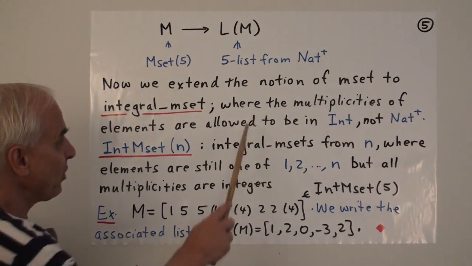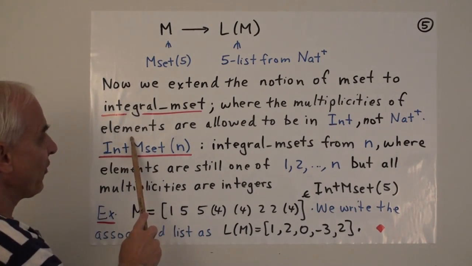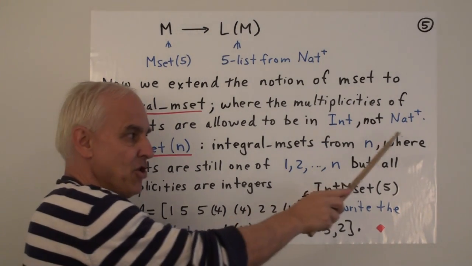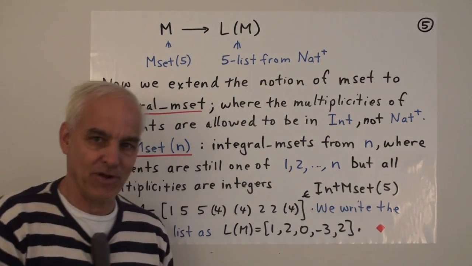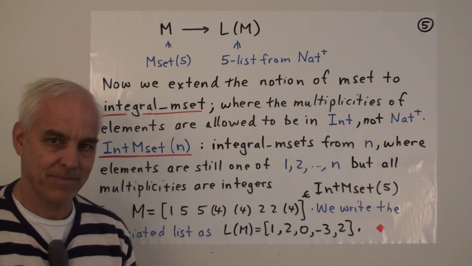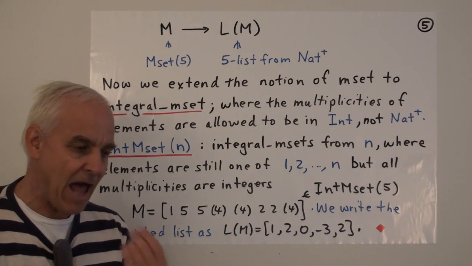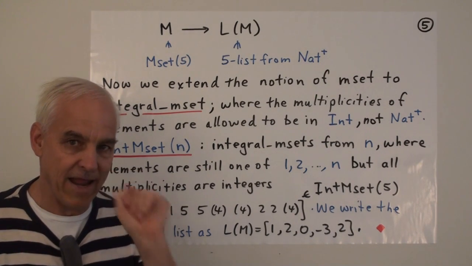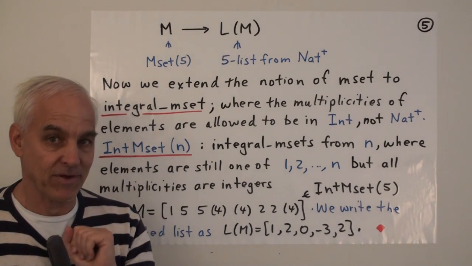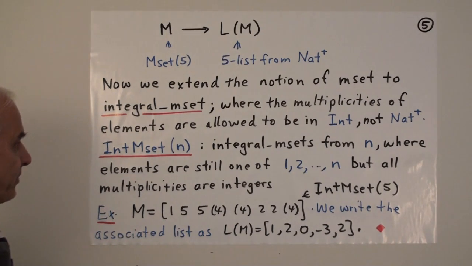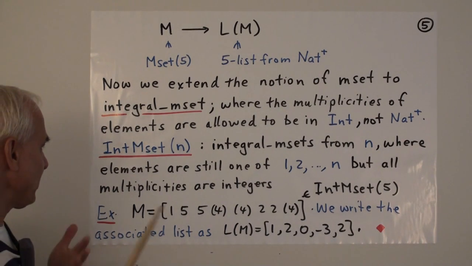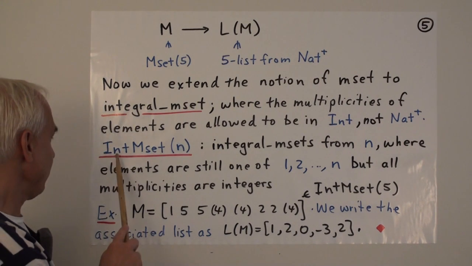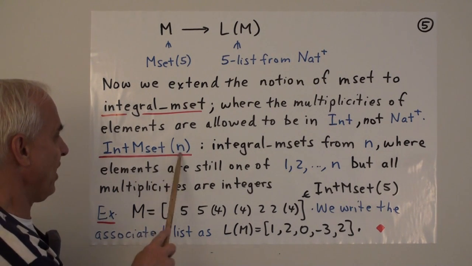So the idea is we're going to let the multiplicities of elements in these integral msets be integers, not just natural numbers including 0. We're going to allow the multiplicities of elements to be also negative numbers, so in general integers. This is going to give us a new type of object, which we're going to write as int mset n.